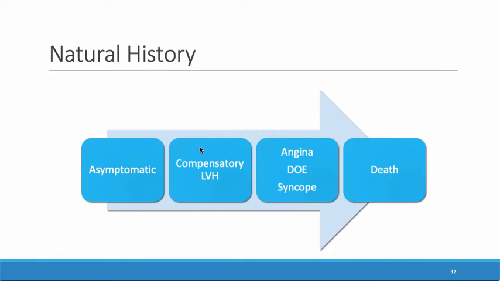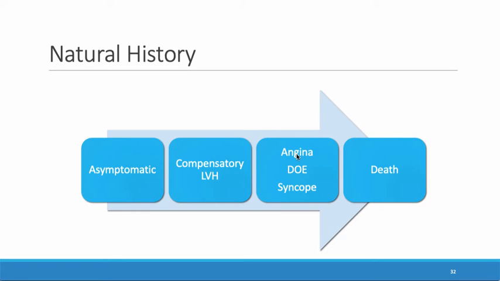The natural history of this disease is that you live for a very long time in an asymptomatic state. Then there's this compensatory left ventricular hypertrophy that happens. Still, it's a long time until you develop angina or dyspnea on exertion or syncope. Memorize this. These are the three classic symptoms of aortic stenosis.